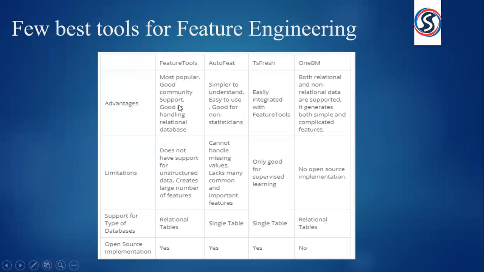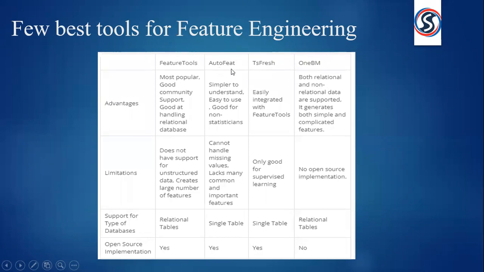It has good community support and is good at handling relational databases. When it comes to the limitations, it does not have support for unstructured data. When my data is unstructured, it doesn't support extracting the features or doing the feature engineering. It also creates a large number of features.